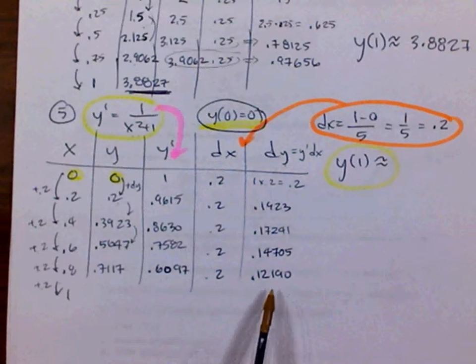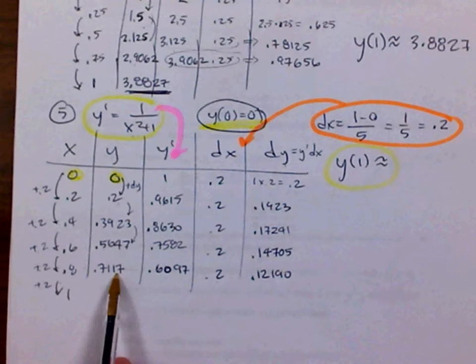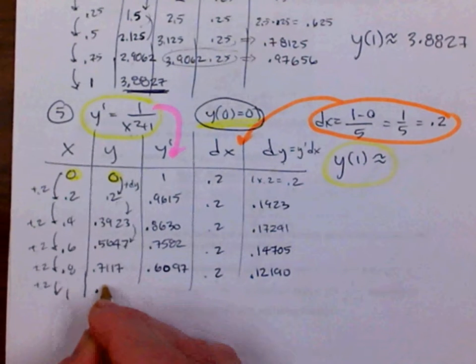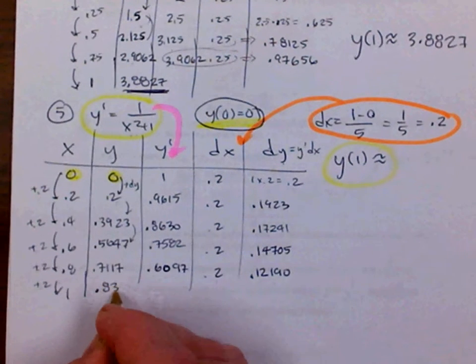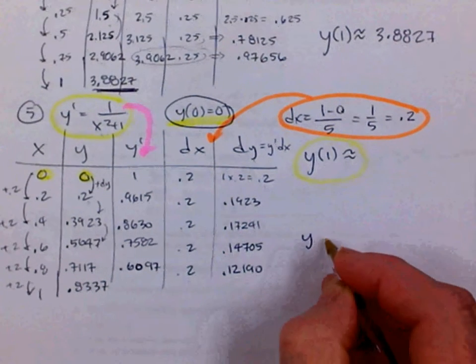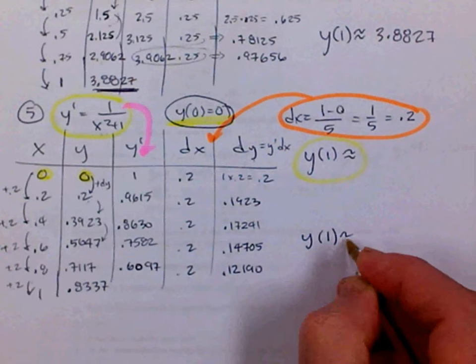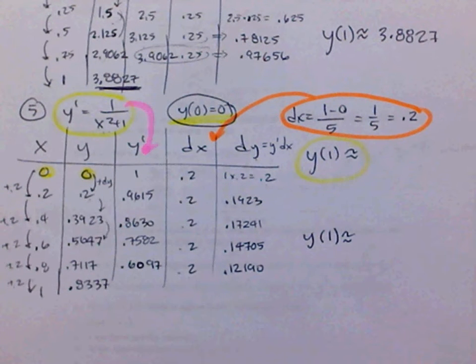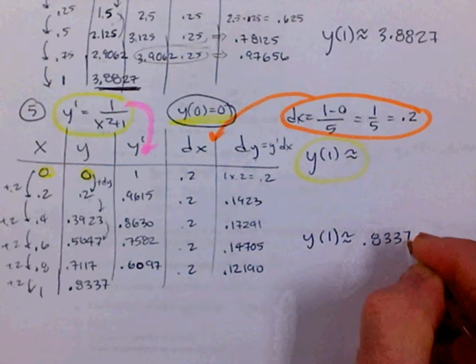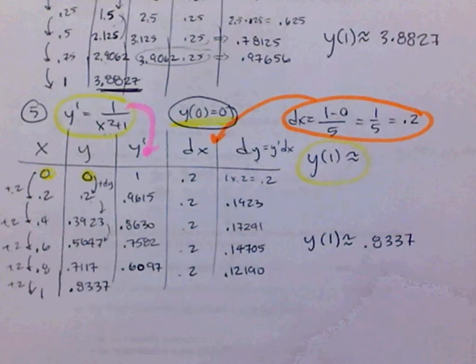We'll add that value to the previous y, and that gives us the estimated value of 0.8337. y sub 1 is going to be approximately 0.8337 using the Euler method.